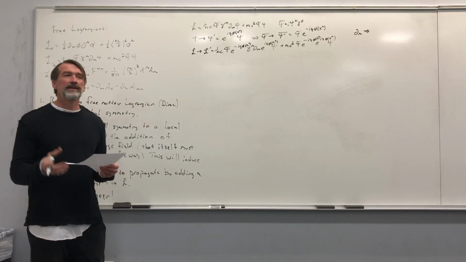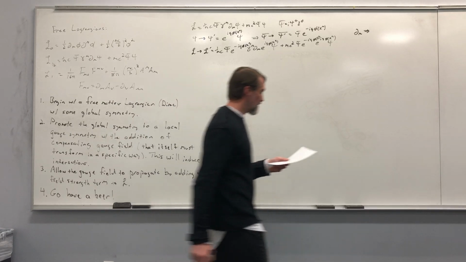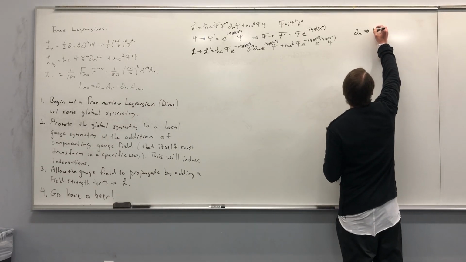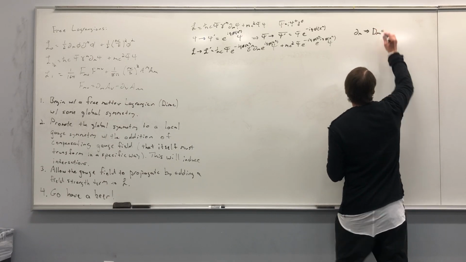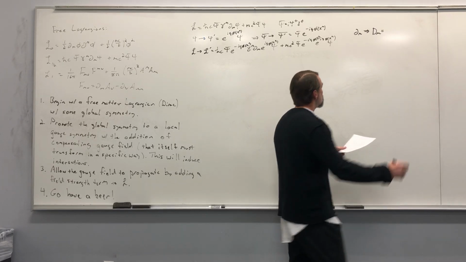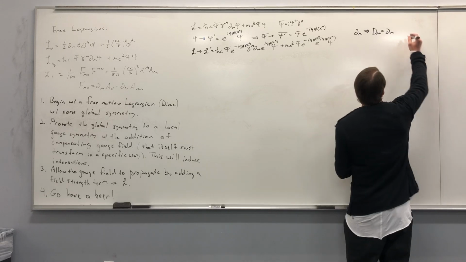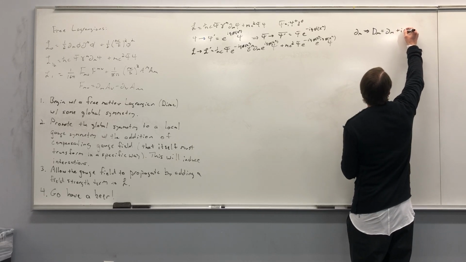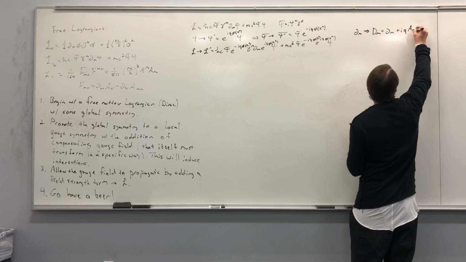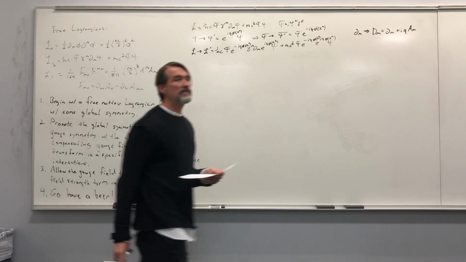We're going to change the derivative that we use. And this new derivative we will call capital D mu. This new derivative will be the old derivative plus i times Q times A mu, where A mu is a field.